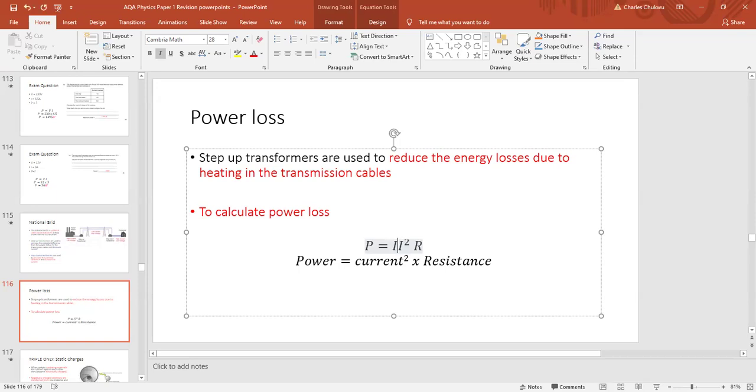Now, remember we said that power is equal to IV, isn't it? Yes. Now I want you to look at this very well. Remember, the summary of Ohm's law in an equation is that voltage, the potential difference across a circuit, is directly proportional to the current that passes through it.